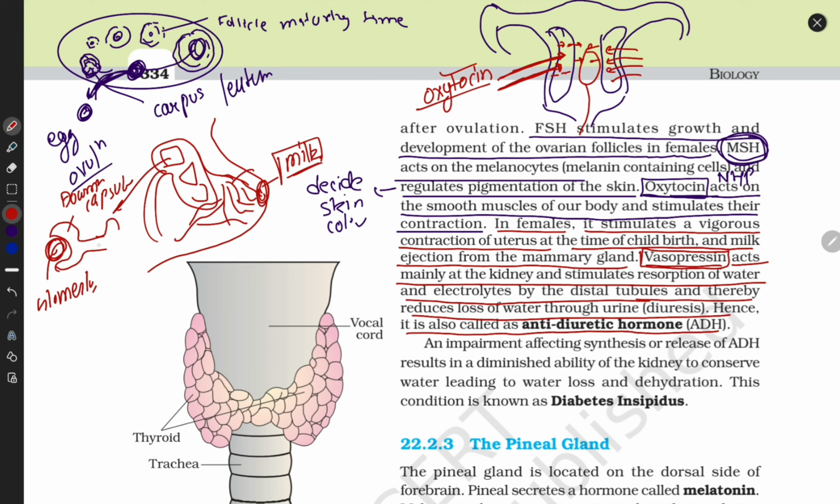Now there is the proximal convoluted tubule, this is the loop of Henle, and now this is the DCT, distal convoluted tubule.